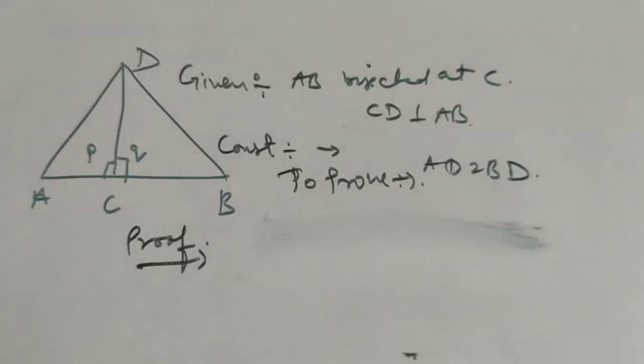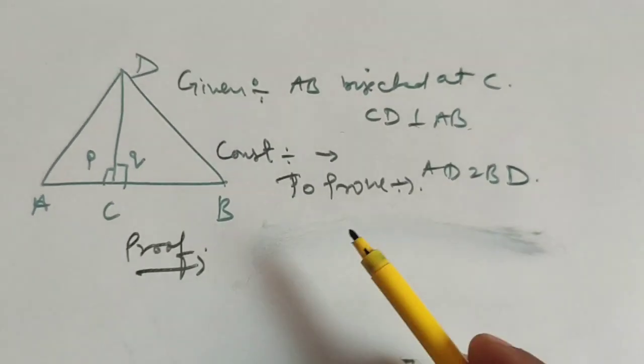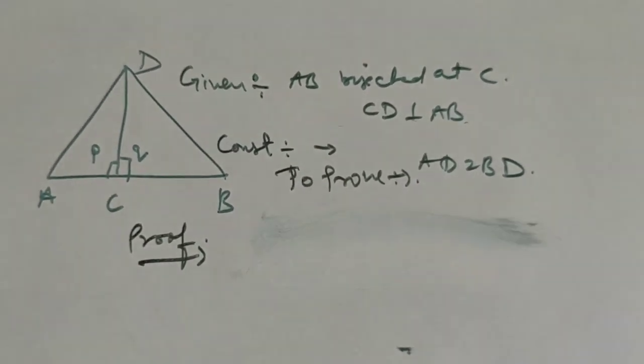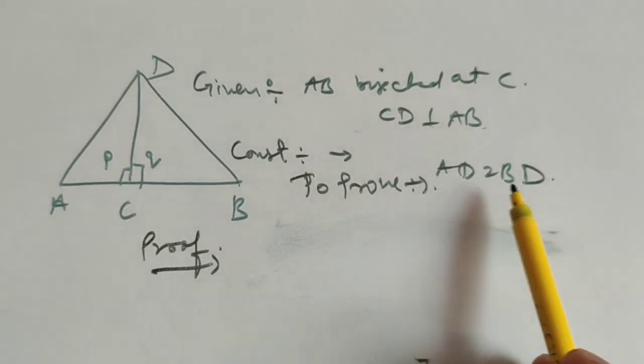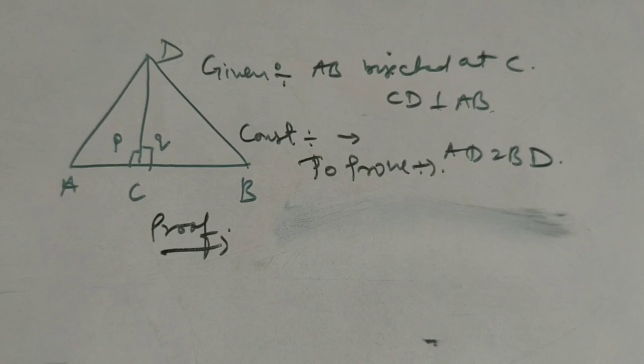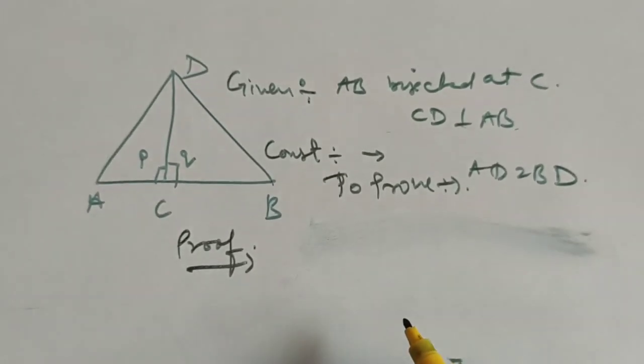To prove this, first select the two triangles in which AD and BD are their parts. Select two triangles so that AD and BD are their parts, and then prove those two triangles congruent, and by CPCT.